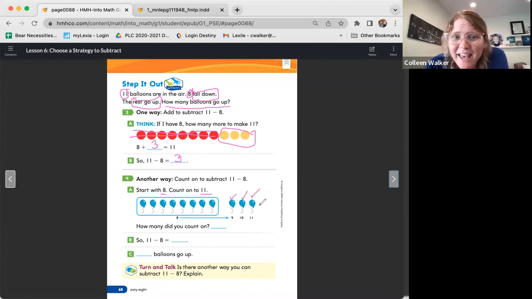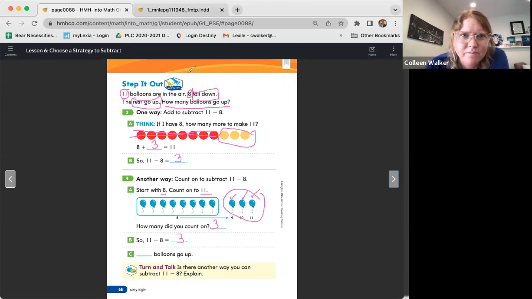Friends, how many did we count on right here? How many? Yes, we counted on 3. That's right. So 11 minus 8 equals 3. So 3 balloons go up. Oops. Oh, let me try to make that 3 look more like a 3 right here.